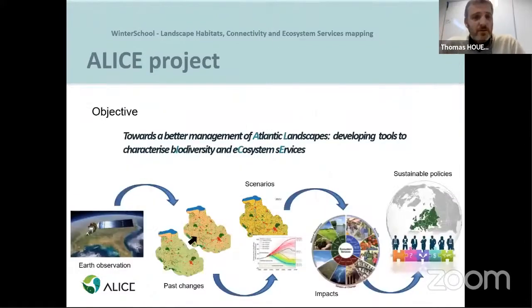The objective of the ALICE project is to go towards a better management of the Atlantic landscape through the development of tools to characterize biodiversity and ecosystem services. I would say that it starts from remote sensing images and goes through the whole process of production of maps, which could be land cover maps, land use maps, scenarios, and ecosystem services assessment maps, to provide advice or strategy to define sustainable policies.